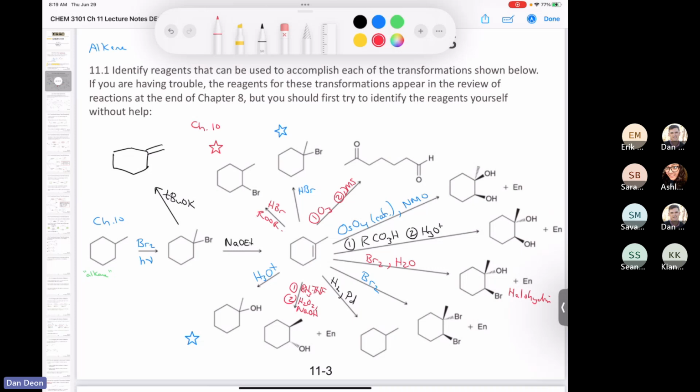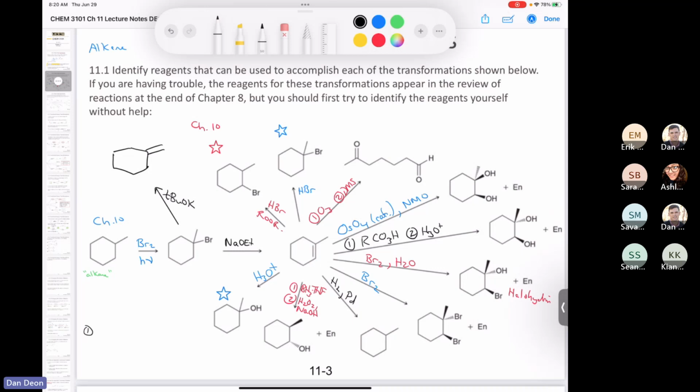I'd say the only reaction really that's covered in chapter 8 that isn't on here is Markovnikov addition when you want to avoid a carbocation rearrangement. So that is oxymercuration, demercuration. And so, yeah, I don't think it's even shown on here whatsoever.